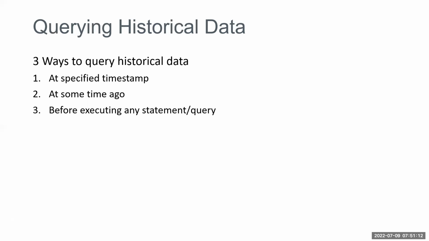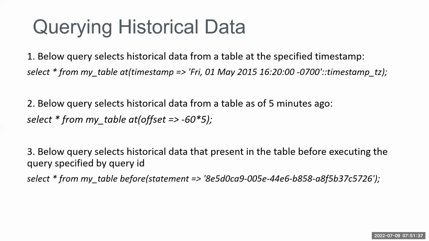Whenever I run the delete query, a query ID will come for that delete statement. By using that query ID, we can bring the data back as it was before executing that query ID. So by using the query ID also, we can get the history data. These are the three ways of getting history data from Snowflake.